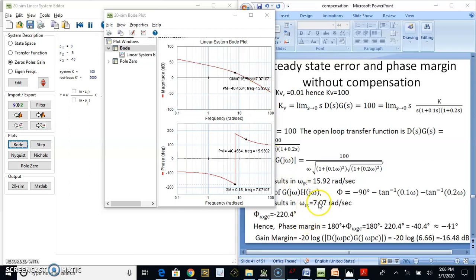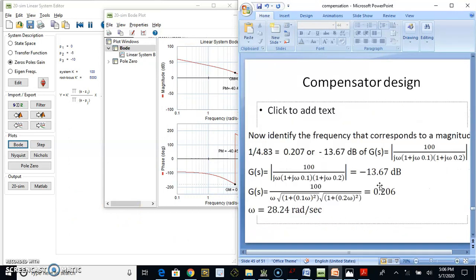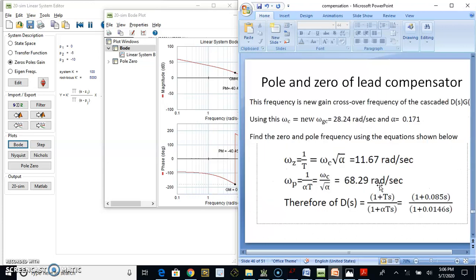This results in a gain margin of minus 16.48 dB, which in terms of ratio is 0.15. You can see it is less than 1, and this is also negative, meaning it is an unstable system.